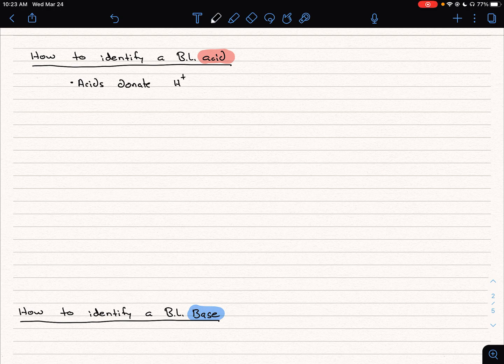And the second thing that's going to make it easier to donate the H plus is we're going to look for molecules with weak bonds to hydrogen. So anytime we're able to weaken our bond to a hydrogen, that's going to make it easier to break that bond and for that molecule to give up a proton.